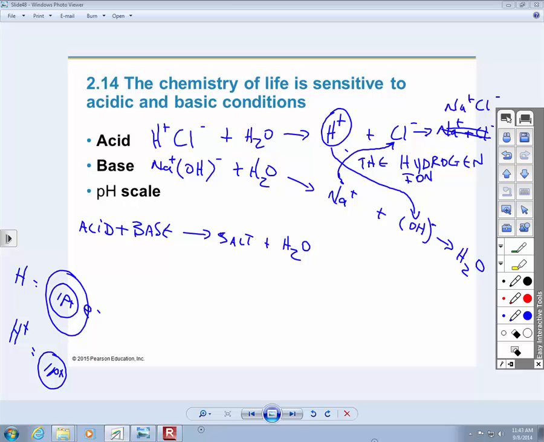So acids release the hydrogen ion. That makes them acids. They automatically release that in water. And bases will release a base unit. Now, OH is the most common base unit. So, sodium hydroxide, that's what they put in soap. That's what makes soap very gooey for some reason.